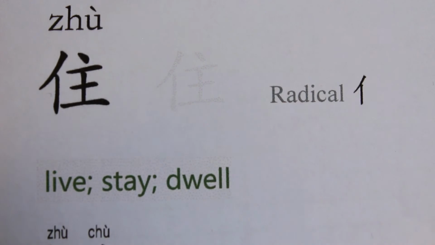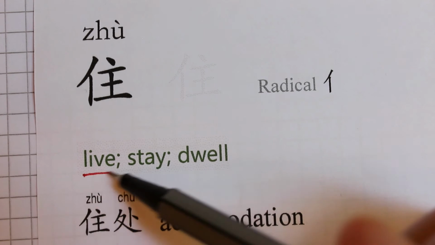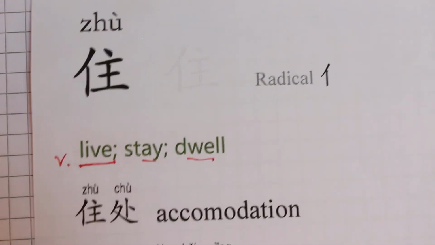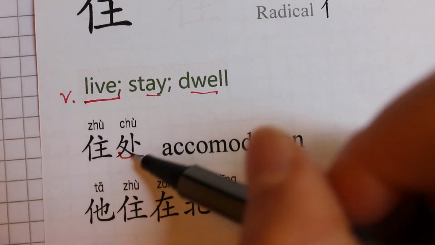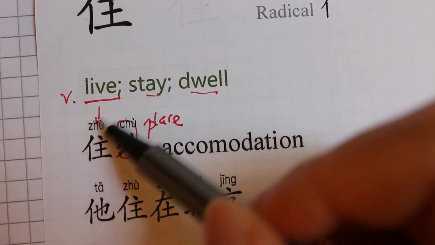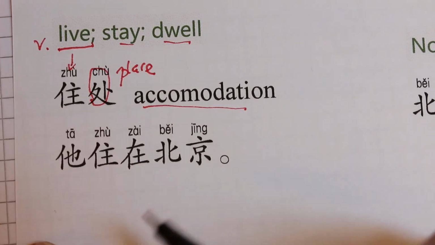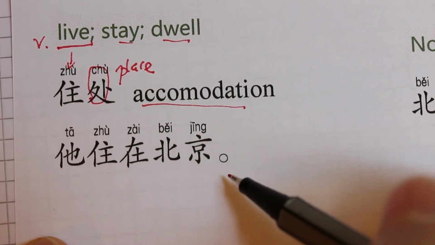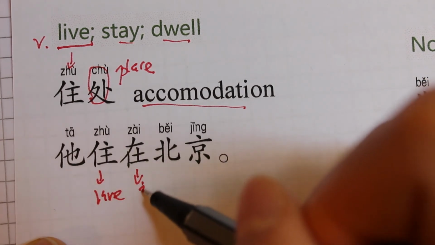有7画。The next is 住, you can use it as a verb, meaning you live or stay or dwell someplace. And the first one, 住处. 处 has the meaning of place. So the place that you live is the accommodation. 住处. And the next, 他住在北京. 住 here means live. 在 means in.